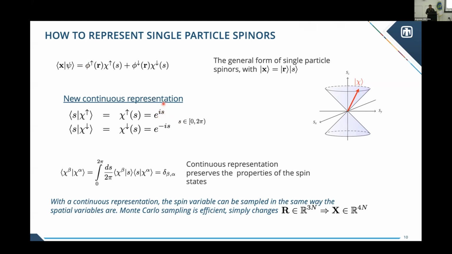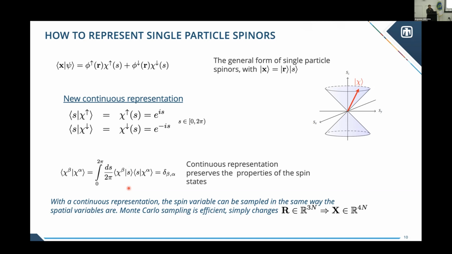These functional forms are chosen in a particular way such that the overlaps between the spin states give you the right kind of behavior. But it's really nice for sampling purposes, because if the spin is now continuous and it's just a number, it turns out you are just doing Monte Carlo sampling of an extra dimension. Instead of a 3n dimensional space, effectively it becomes a 4-dimensional space for each electron.